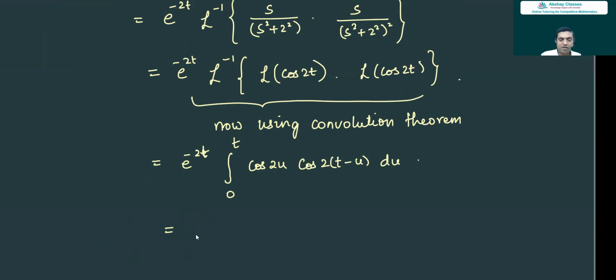Now cos a cos b is, let's see, half of cos of a plus b plus cos of a minus b.